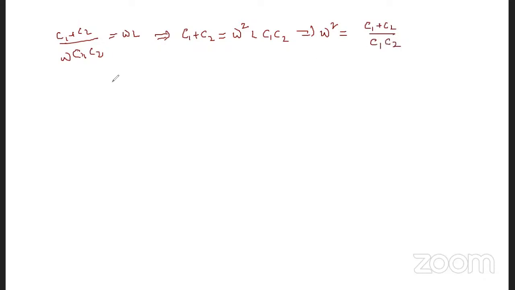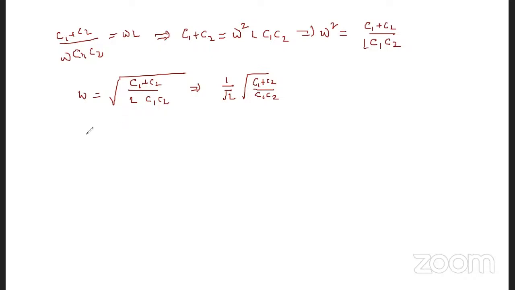So from that, we can write omega. L will be there here, sorry. So it will be omega, which will be equal to root of C1 plus C2 by L C1 C2. Otherwise, you can write this as equal to 1 by root L separately, and this is C1 plus C2 by C1 C2 we can write.